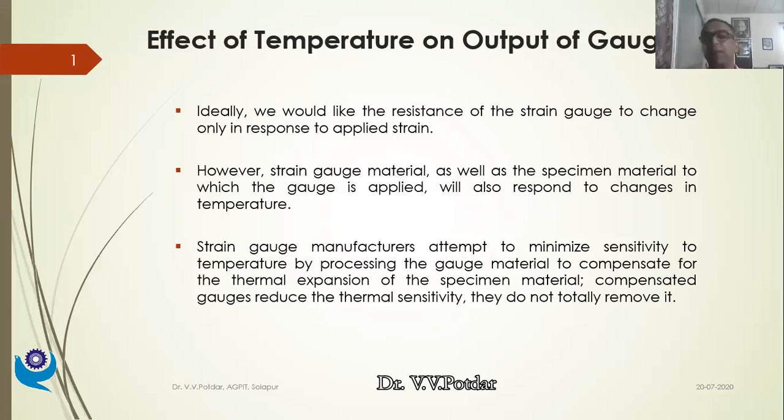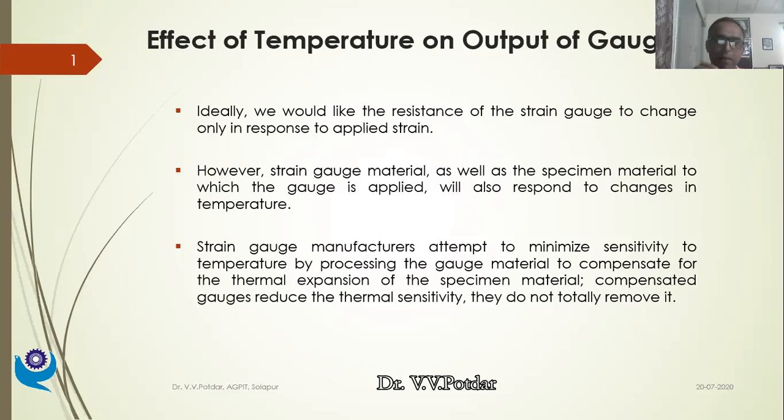If you remember the bridge circuitry, R1, R2, R3, R4, I don't connect the dummy gauge in the opposite arm. I connect this dummy gauge in the adjacent arms. So R1 is AG, that is active gauge, and R2 is my DG, that is dummy gauge, right?